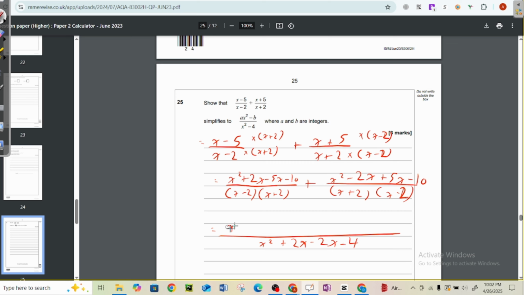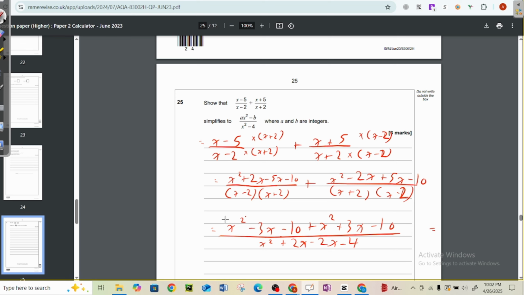So the first part gives you x squared minus 3x minus 10, plus x squared, minus 2x plus 5x, which is plus 3x, minus 10. Now this was minus 10 over here, and minus 10 plus... sorry, let me erase that. So x squared over here plus 2x.